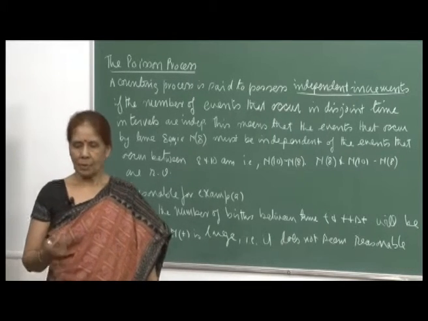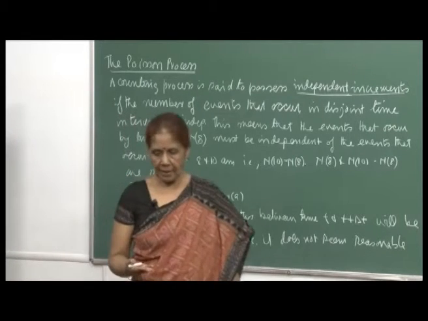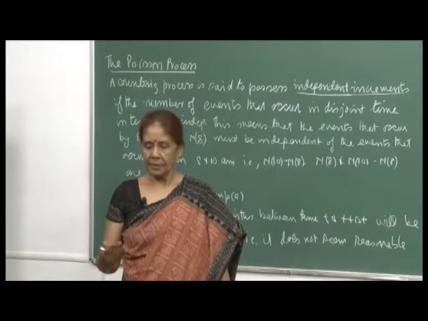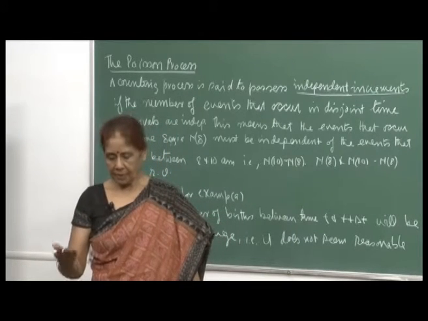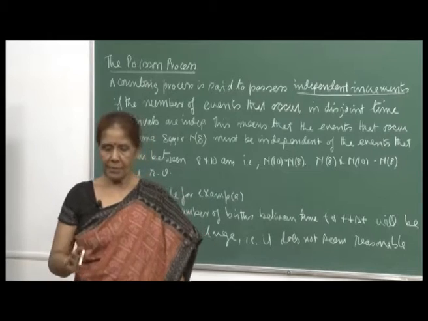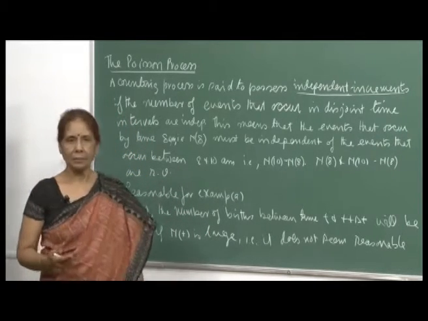So the random variables giving the number of arrivals between 8 a.m. and 10 a.m. and between 10 and 12 are independent.